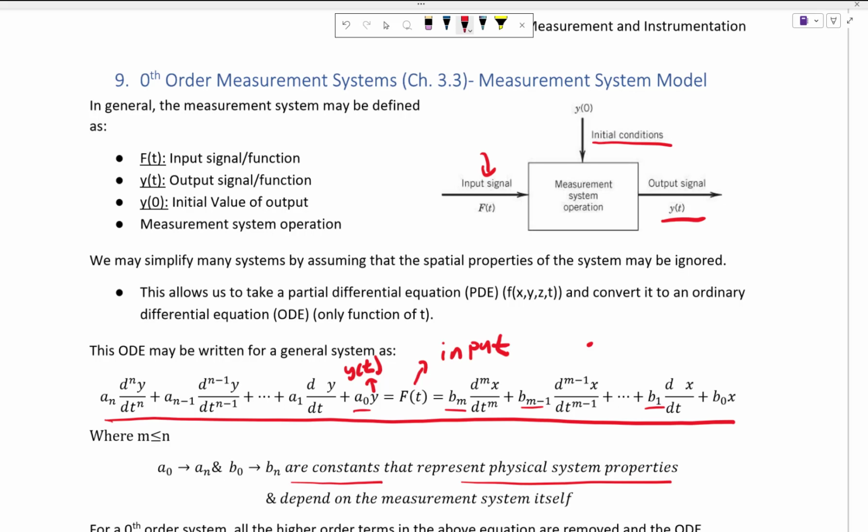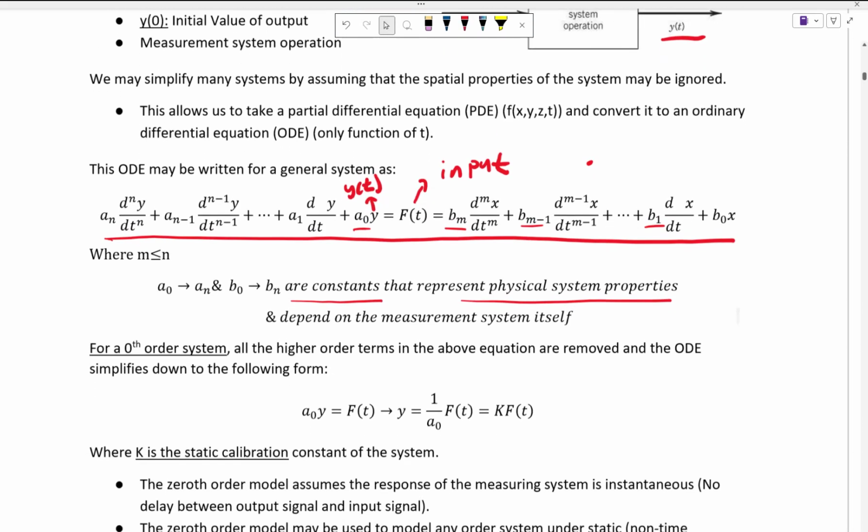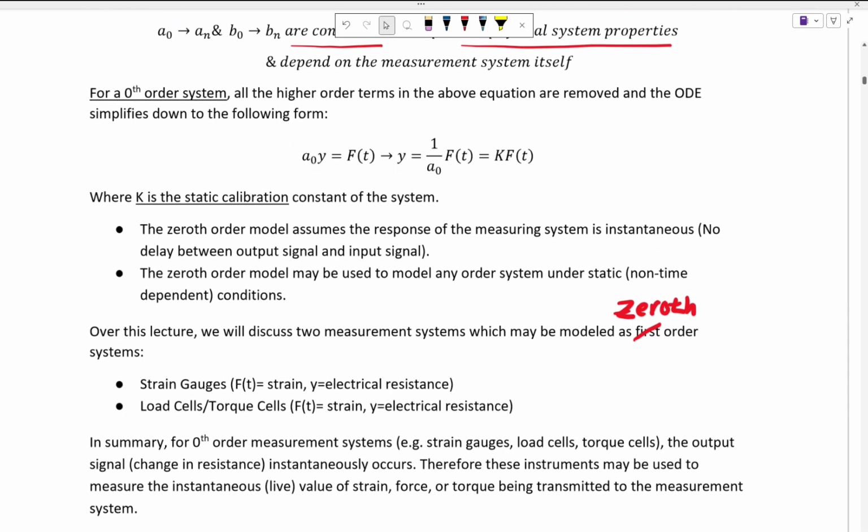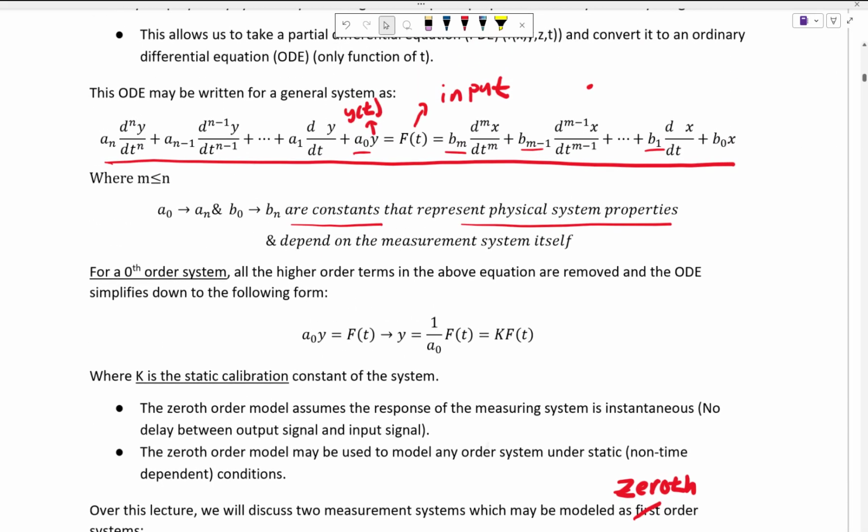For a zeroth order system, which is what we're interested in for today's class, we take this large equation up top, and I'll change my marker color here, and we're going to eliminate nearly all of the higher order terms.